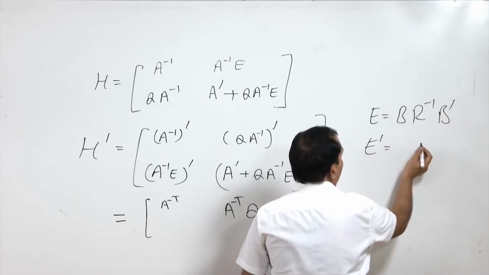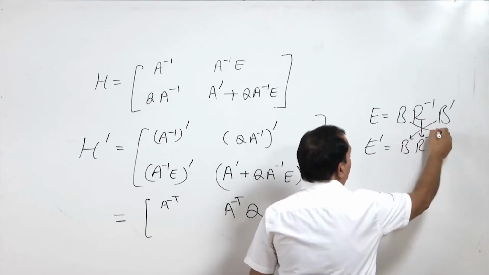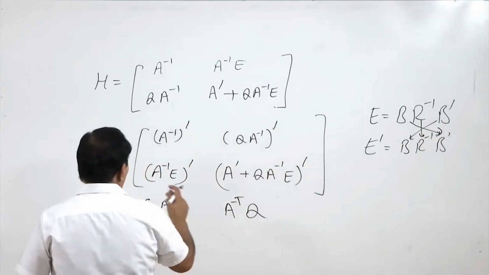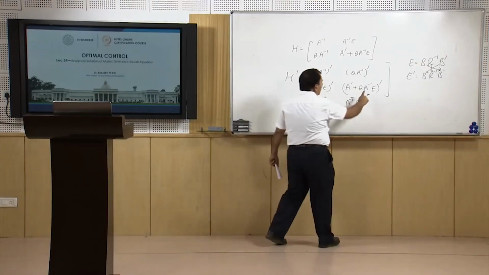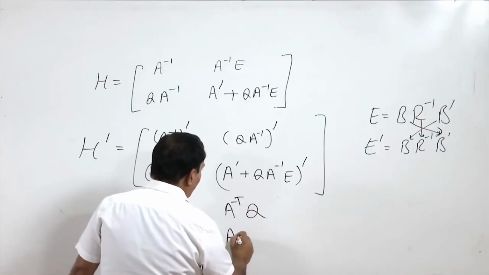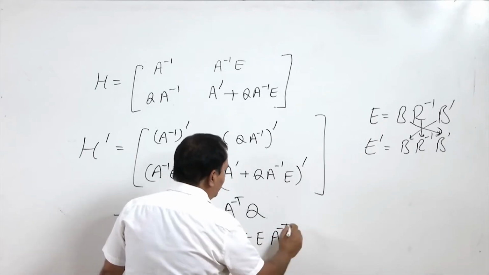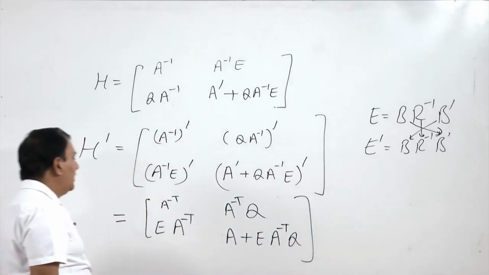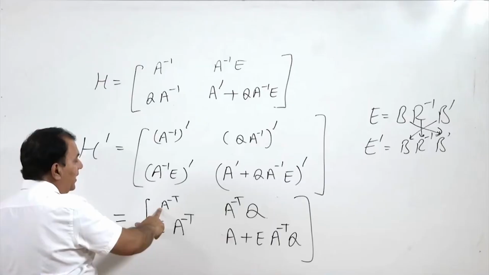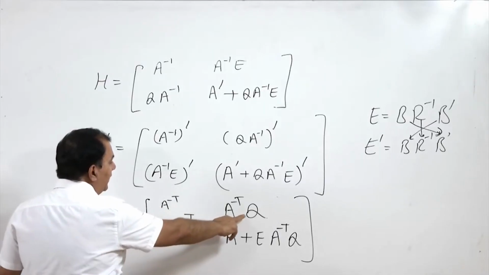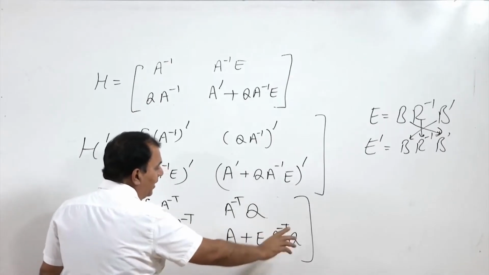If I take its transpose, this remains the same, and this will be B. So, this is again E. Expanding this, I get the inverse of A transpose multiplied with Q, E multiplied with the inverse of A transpose, A plus E to the power minus T Q.